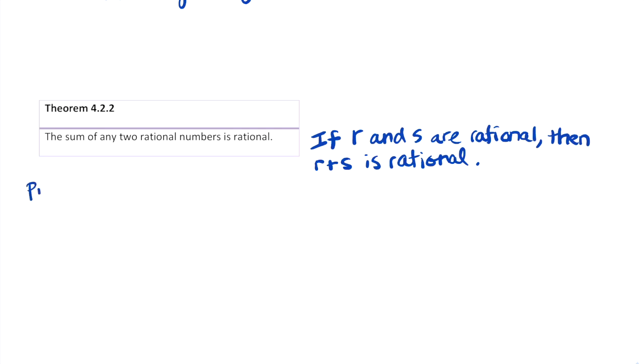So I'm going to start my proof. I'm going to say, suppose R and S are rational numbers.